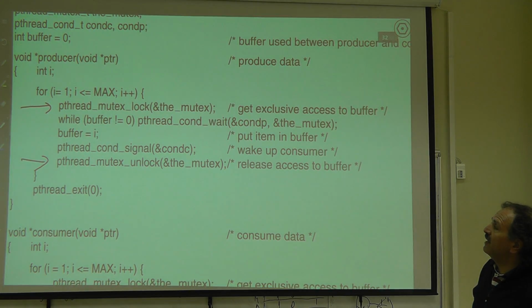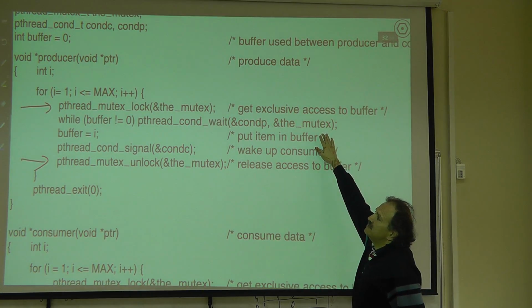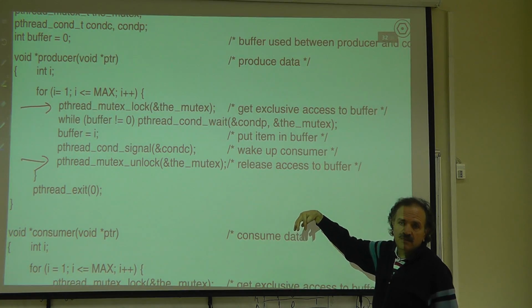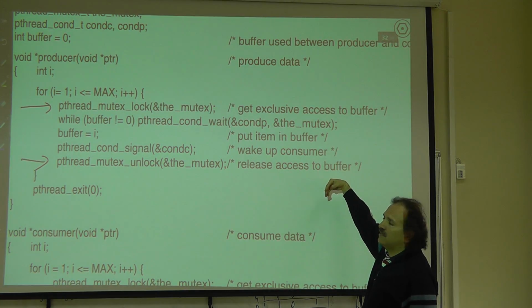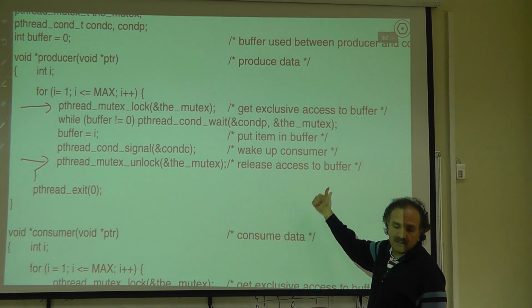Because when I am waiting for the condition variable to be available, I need to release this mutex. Otherwise, nobody can get the lock, right? If I get the lock and if I sleep, nobody will get the lock.